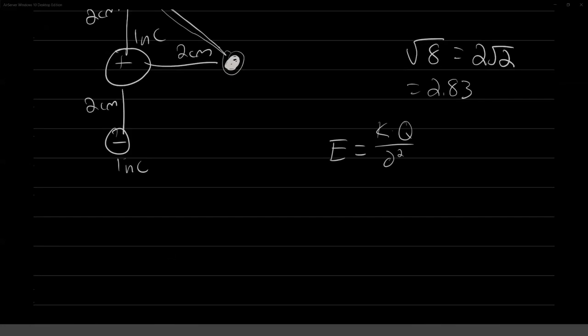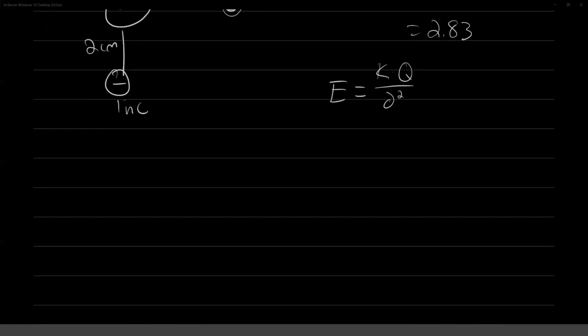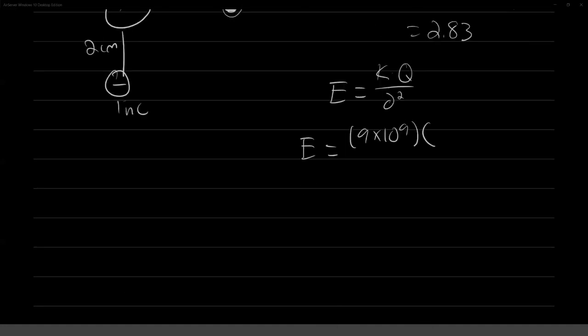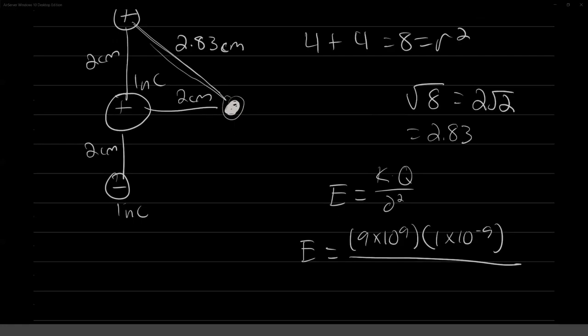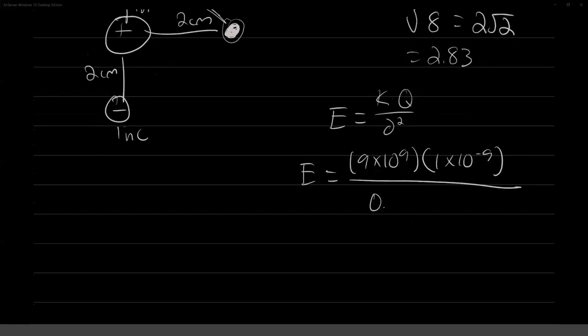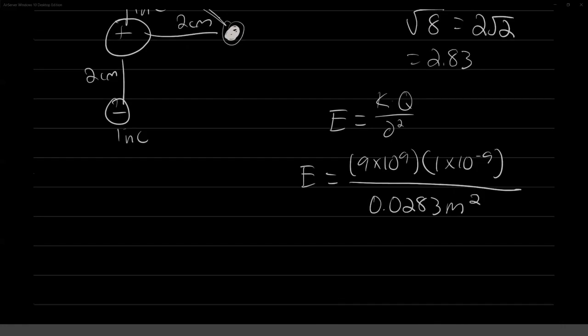Then we want to figure out E. We'll have to do 9 times 10 to the 9th times our source charge, which in this case is 1 nanocoulomb again. So 1 times 10 to the minus 9 over our distance, but now, like we were saying, we have to convert it. So 0.0283 meters squared.